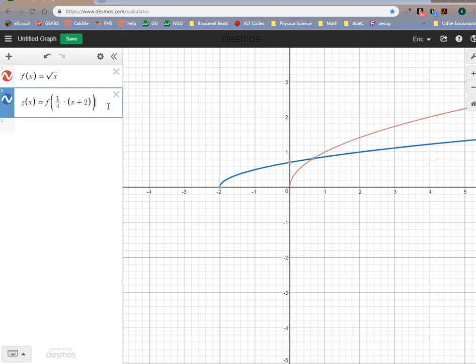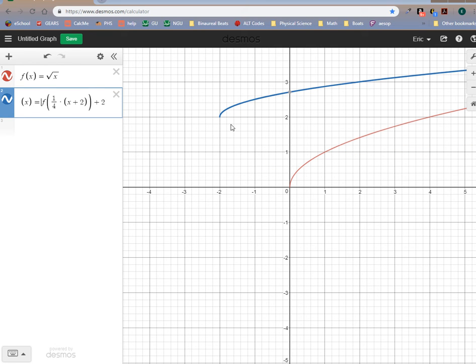I want to horizontally translate it, which I did. Now I want to vertically translate it up by 2 and then reflect it. What would I do? So what am I going to do? Add 2 outside. Going to add the 2 outside.